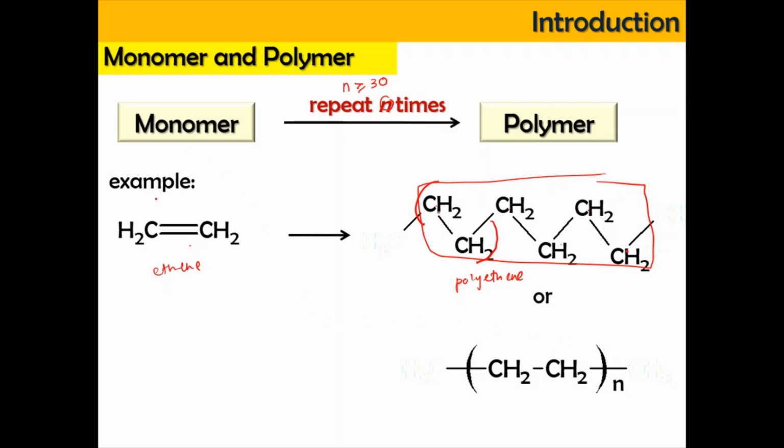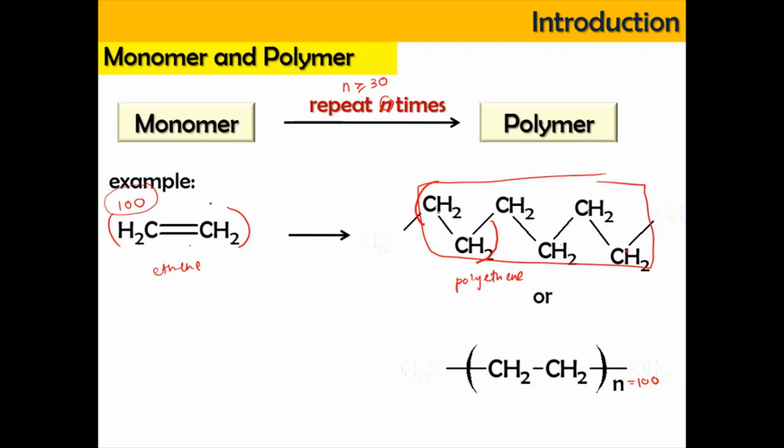If you have 100 moles of ethene, the number of monomers that you're going to have is 100. It depends on the amount of monomer that you have. It helps you simplify things, or else you need to write it out 100 times, which is not useful. So usually we write the polymer in this form, using the repeating unit and labelling the n by the amount of monomer that we have.